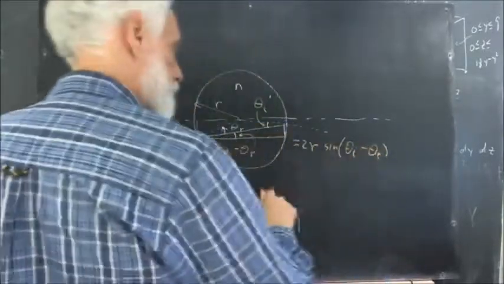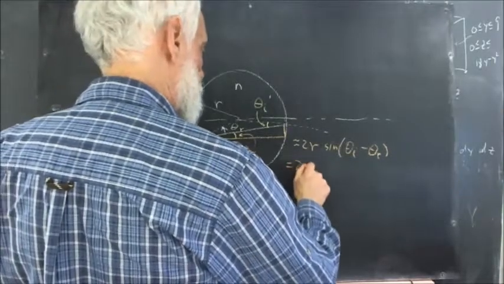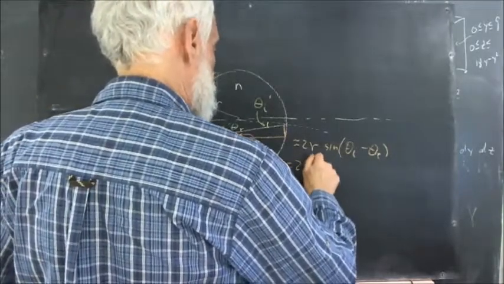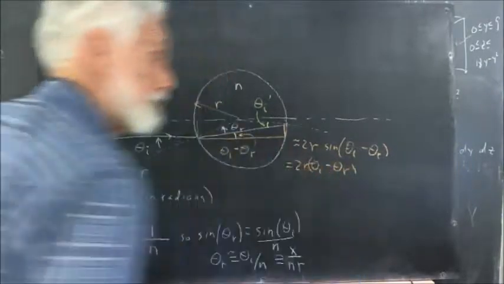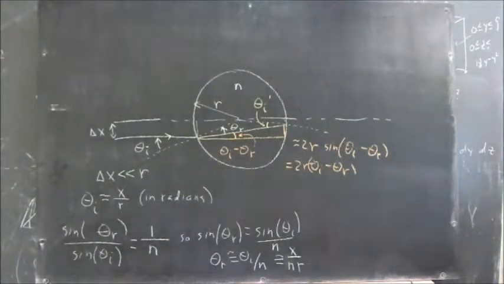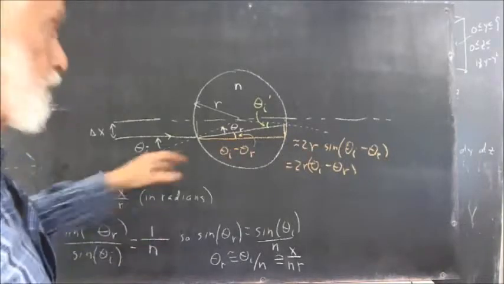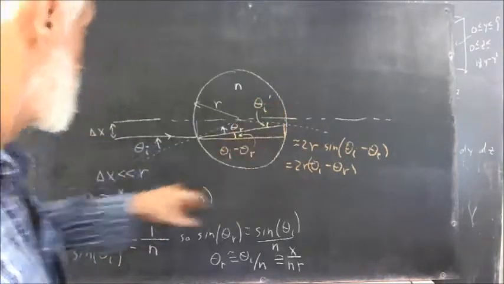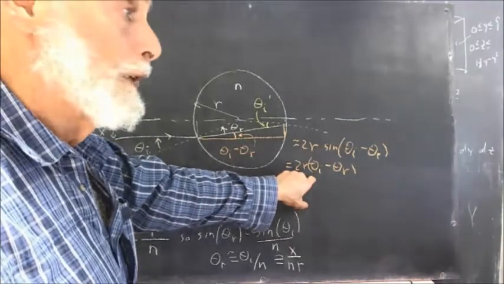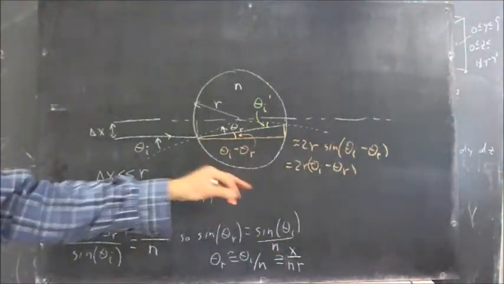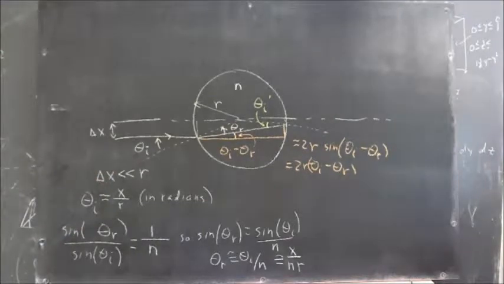But theta sub I and theta sub r are small angles, so that's approximately going to be equal to 2r times theta sub I minus theta sub r. So the distance here is delta x minus this. Now these expressions can stand a little bit of simplification, so let's proceed with that for a minute.